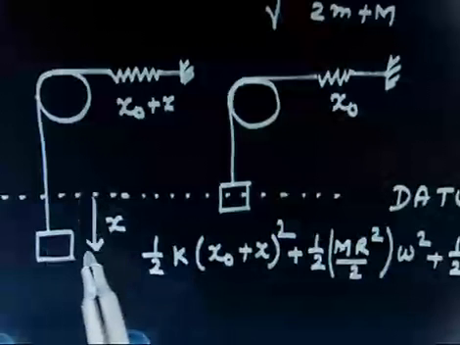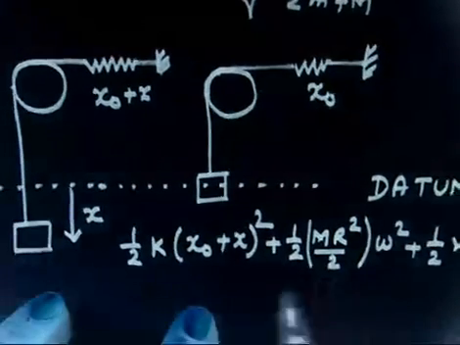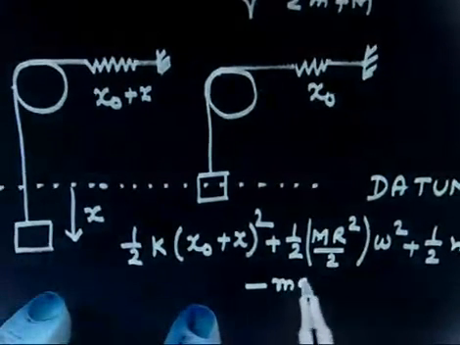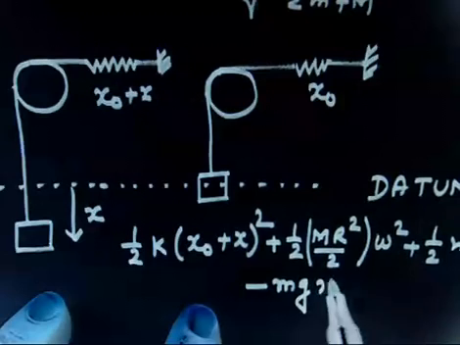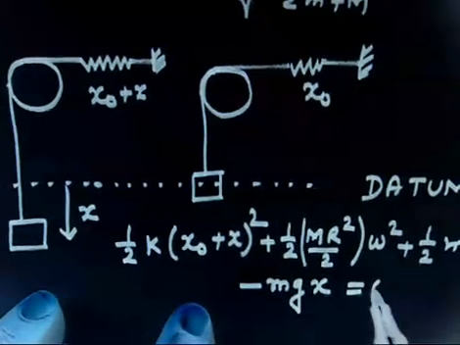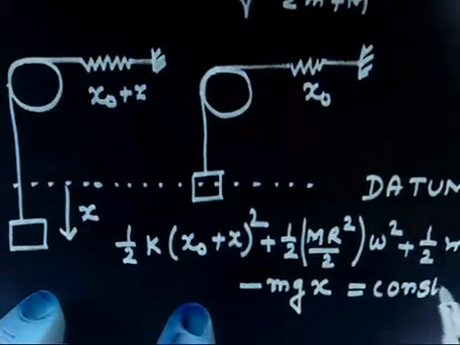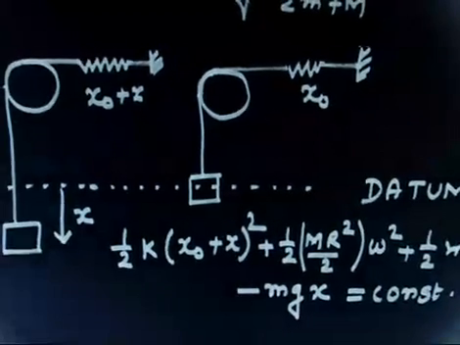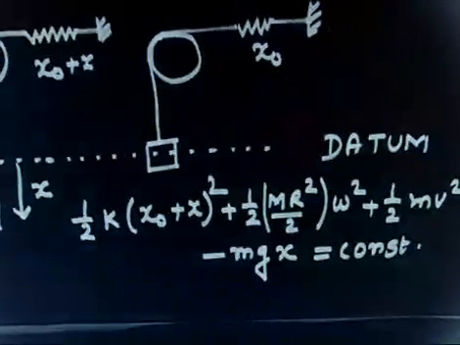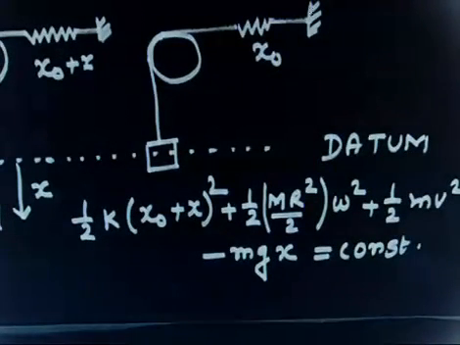Since the mass is coming down, I write minus m g x. This total has to be constant. If you want, you can even differentiate this equation and you will get the same result.